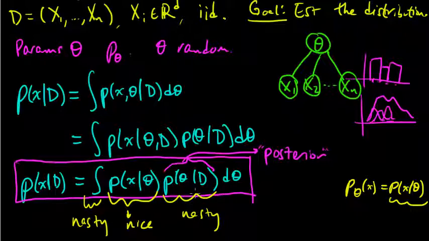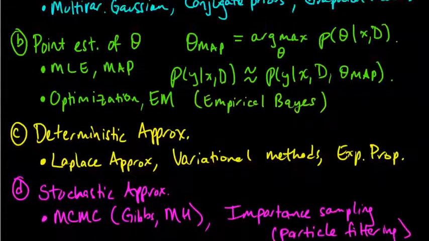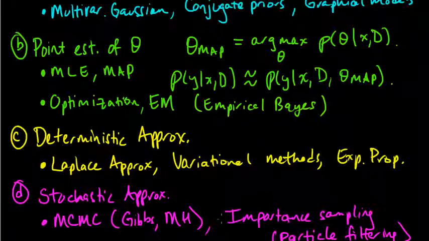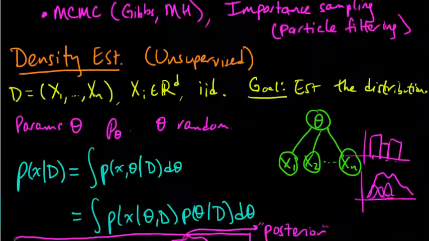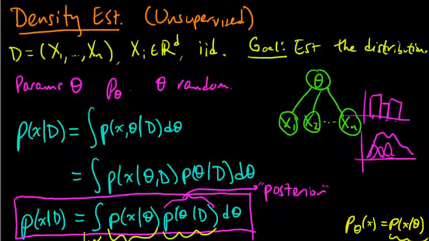Sometimes it's nice if you assume a nice distribution, but for a lot of more complicated distributions, this part's nasty and the integral's nasty, and you have to resort to some approximations, and that's where these methods come in. Well, at least the approximation methods. So hopefully that gives you a sense of how these methods apply more generally as well.